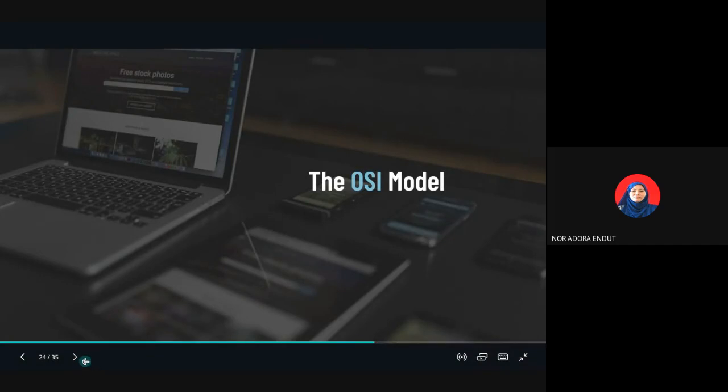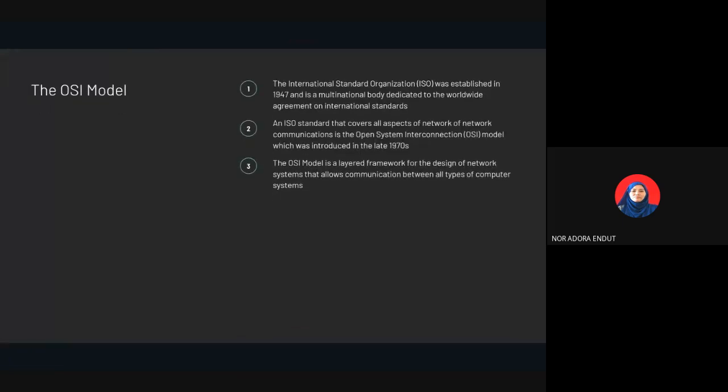Okay, ni yang part yang saya cakap OSI model. Please remember about the OSI model. So the organisation that came up with the OSI model dipanggil International Standards Organisation. Okay, so International Standards Organisation ni bukan saja buat OSI model kan, dia ada benda lain kan. Ada ISO 1000, ISO 2000.